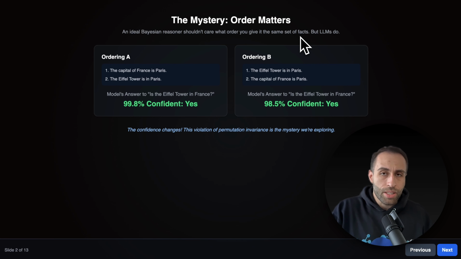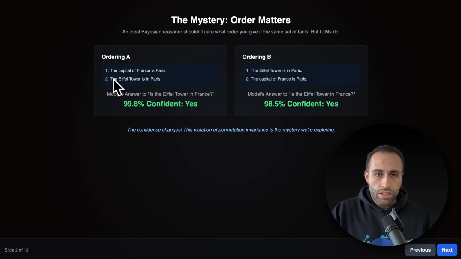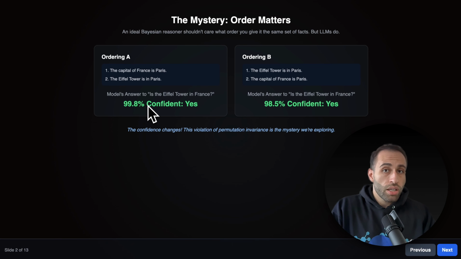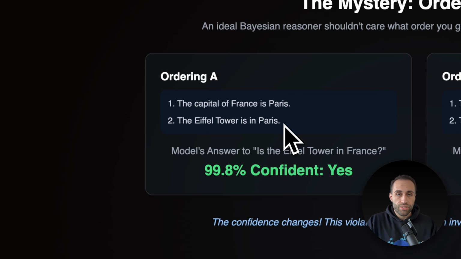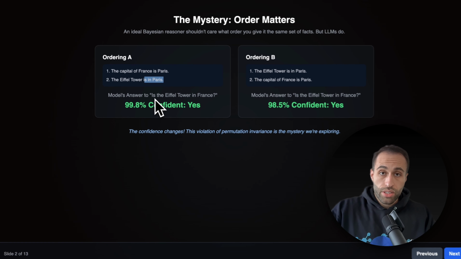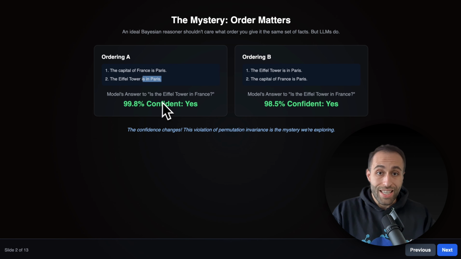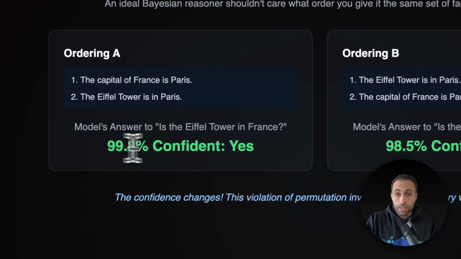So why is that happening? Let me give you an example. Let's say you want to ask, for example, if the Eiffel Tower is located in France or not, and then you have some context that you're providing to the prompt. The first context is that the capital of France is Paris and the Eiffel Tower is in Paris. So the confidence of the model, the probability of the token generated to say yes, is 99% here.